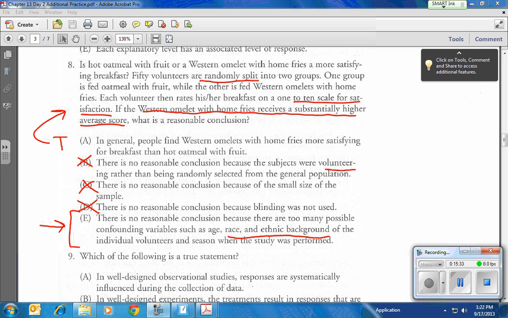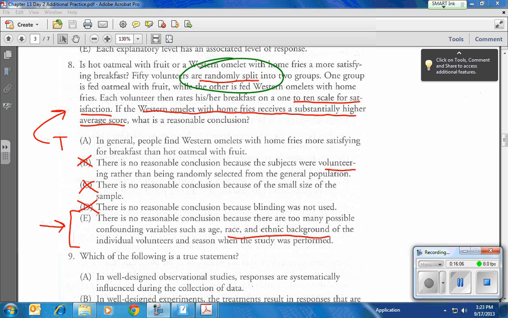Anyway, there's only one group that I heard kind of alluding to why these aren't an issue, why they're not confounding variables in this experiment, and it has to do with this. They were randomly split into two groups, right? So theoretically, all the age, race, and ethnic background, all those individual biases for those individual people have been randomly allocated.